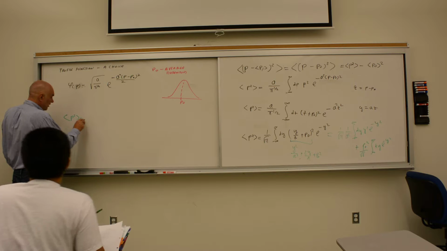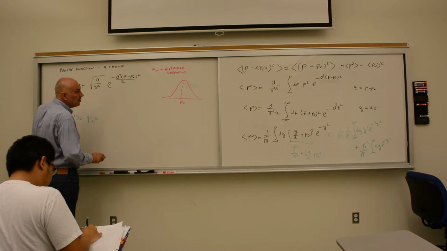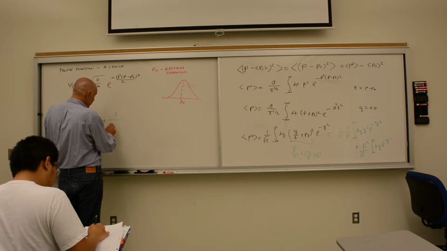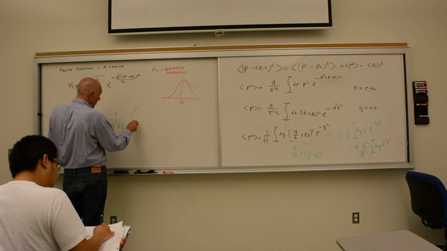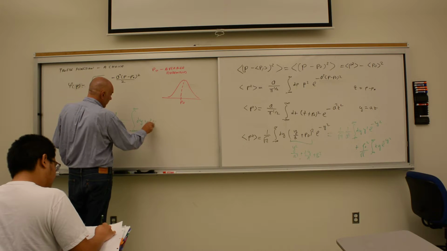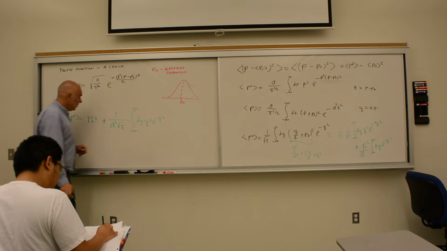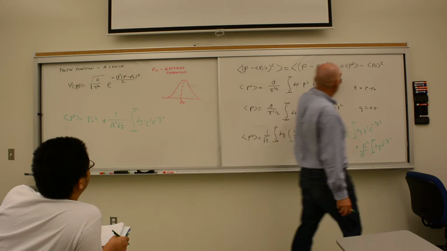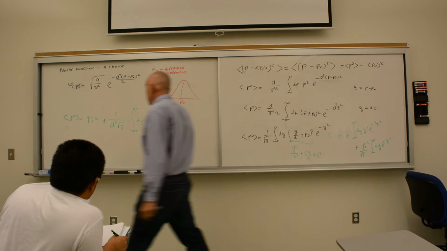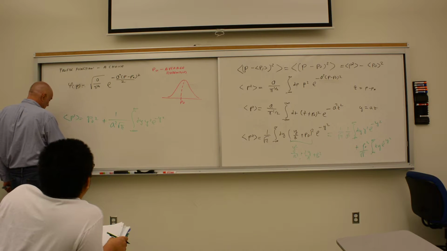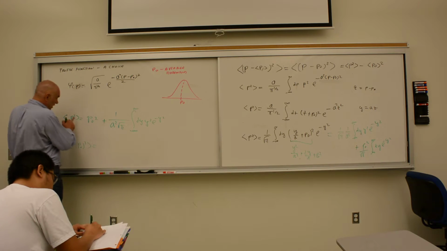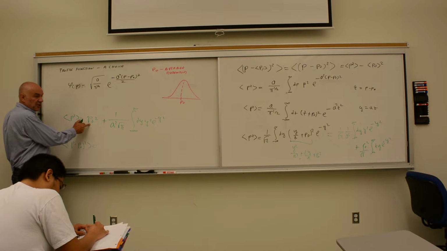p squared is p0 squared plus 1 over a squared square root of pi, integral from minus infinity to plus infinity dy y squared e to the minus y squared. And since our goal is to compute this variance, it's p squared minus p0 squared, so this will cancel this.